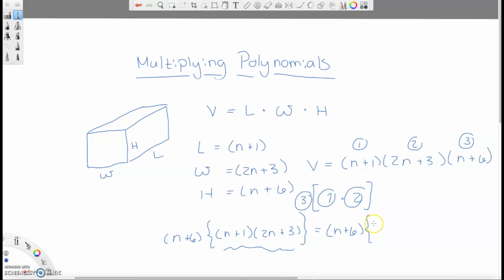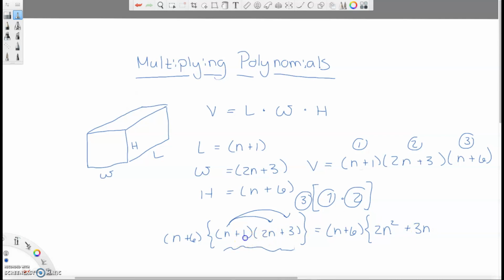I'm going to take this n and multiply it by 2n first. N times 2n is what? Remember, when you multiply variables, the variables are the same, but the exponents add. So this is going to be 2n squared. I then take my n, and now I want to multiply it by 3. There's no variables here, so 3 times n is just going to be 3n.